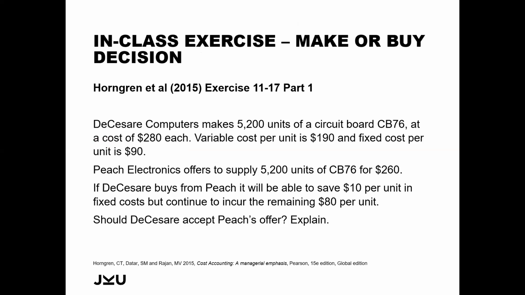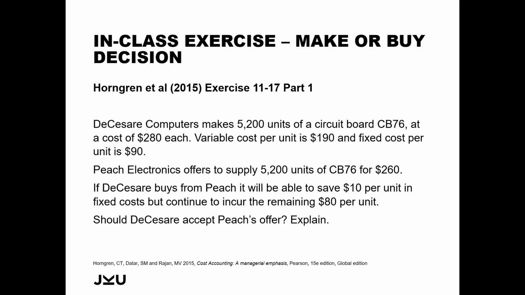Cesare Computers makes 5,200 units of a circuit board, ZB76. That's like a laptop, something like a notebook, at a cost of $280 each. Variable costs per unit are $190, and fixed costs per unit are $90.